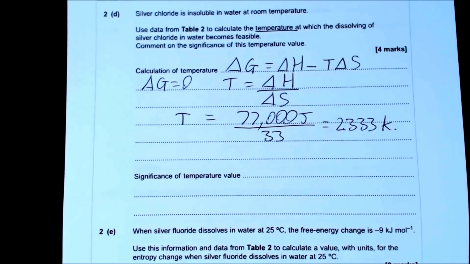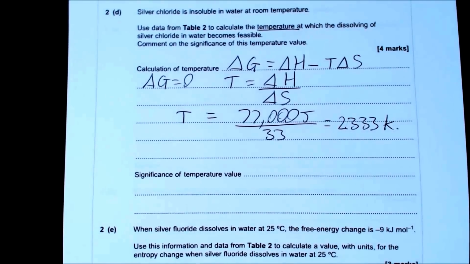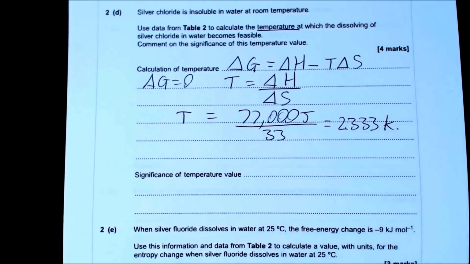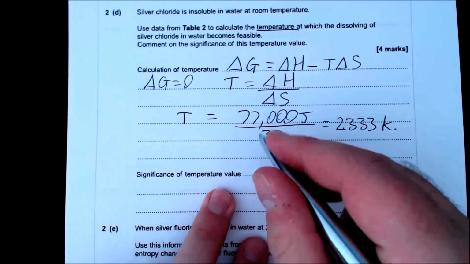Now, you might look at that and think that's quite a big number, and it is. And actually, water boils at 373 Kelvin. So, actually, before you start to actually try and dissolve it, your water would evaporate, which isn't really very helpful. So, that's what's significant about it.